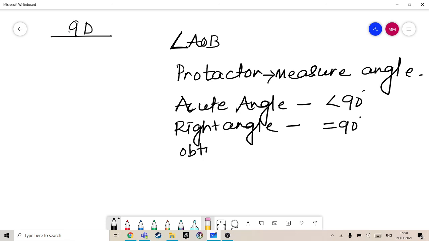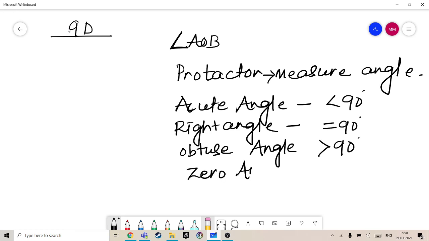Obtuse angle. If the angle is more than 90 degree, then that is obtuse angle. Zero angle. If the angle is equal to 0 degree, then that is zero angle.